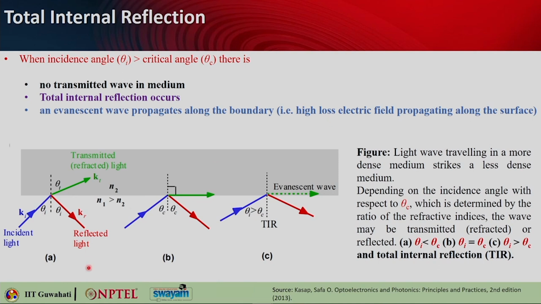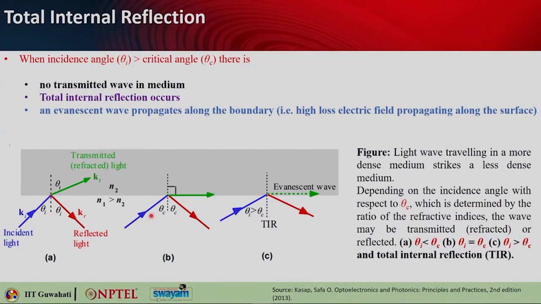So these are the three situations, as you can understand. Here theta I is much smaller than critical angle, so you get the normal reflection and transmission. Transmission is nothing but the refracted light. This is the case where your incident angle is exactly the same as the critical angle, so you get some reflection, and the transmitted light is exactly along the interface.